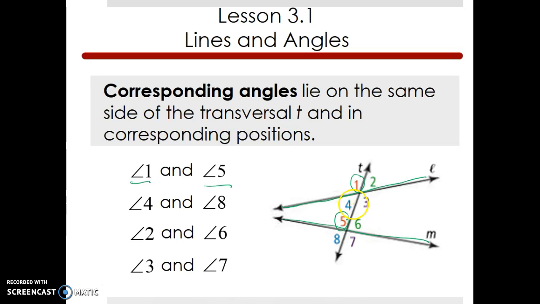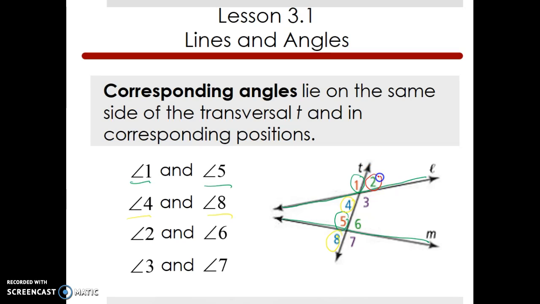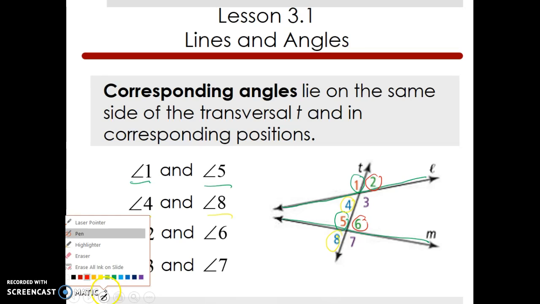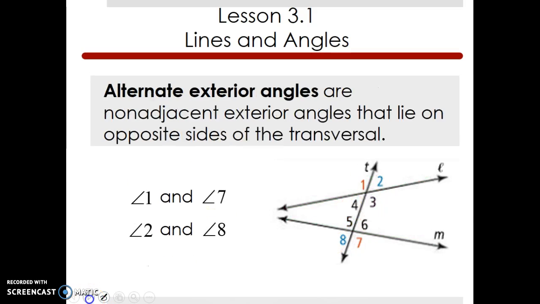Then, for example, this one is bottom left, that's bottom left. Same thing on the next side. You have top right, and then you have bottom right, bottom right. They're in those corresponding positions.